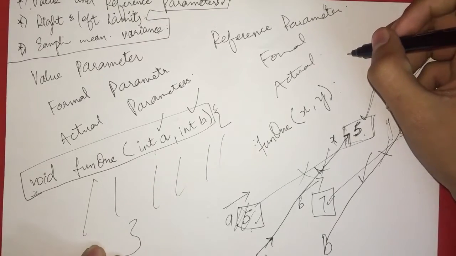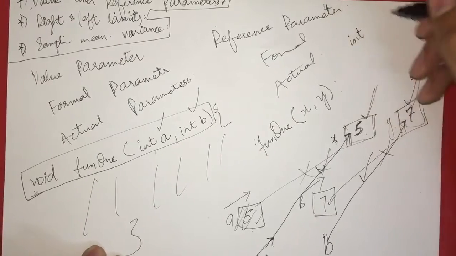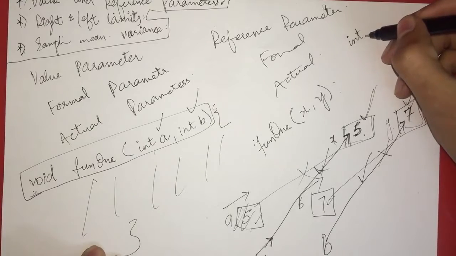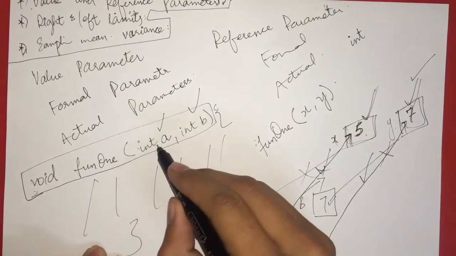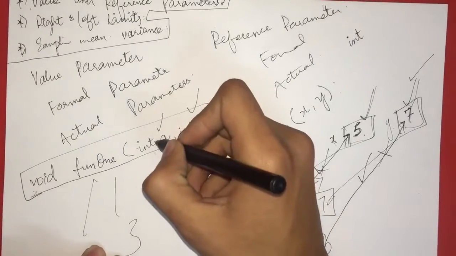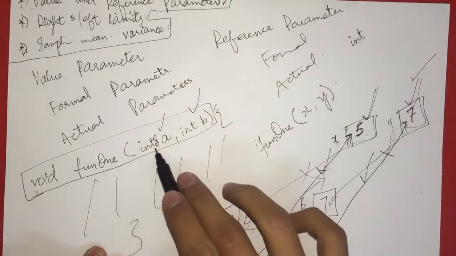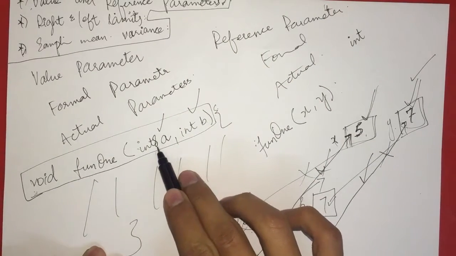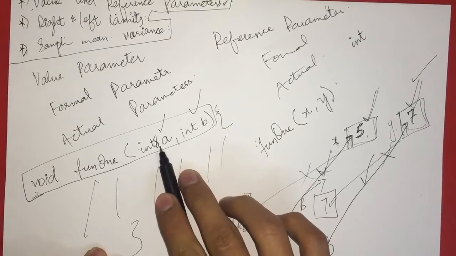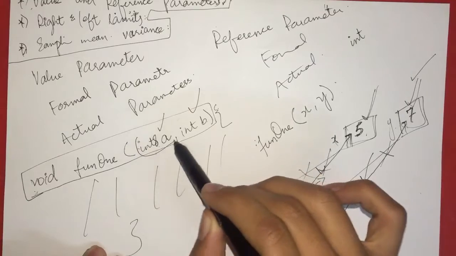If you want a parameter to be a reference parameter, after declaring the data type of the variable, you put an ampersand sign after the data type. The compiler will identify that this is a reference parameter.